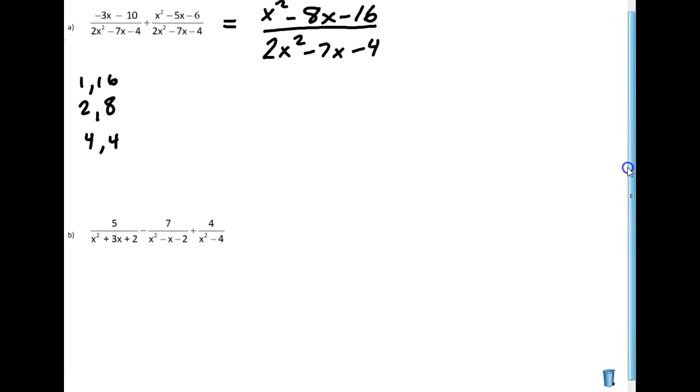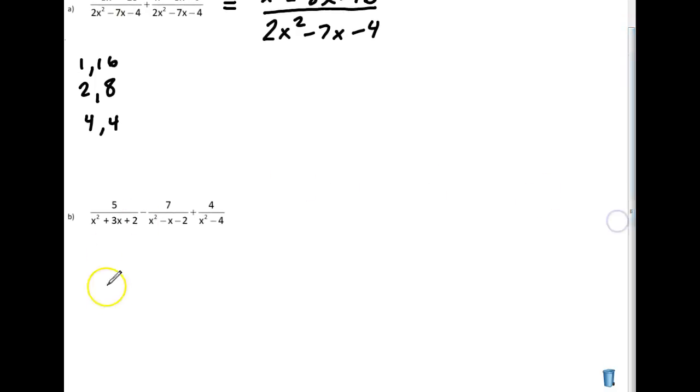Okay? So now let's look at this second problem. And let's think, okay, how do we find the least common denominator? Well, first step is that you need to factor each part of the denominator. So this first one, it factors into x plus 2 and x plus 1. Okay, the second one here, it factors into x minus 2 and x plus 1.